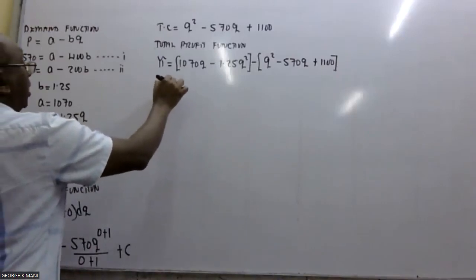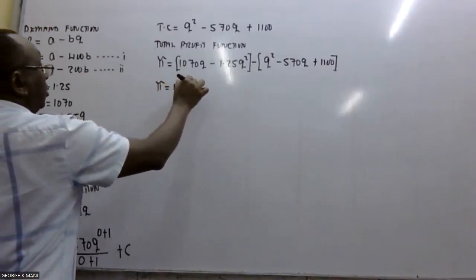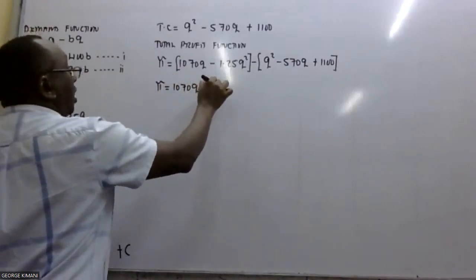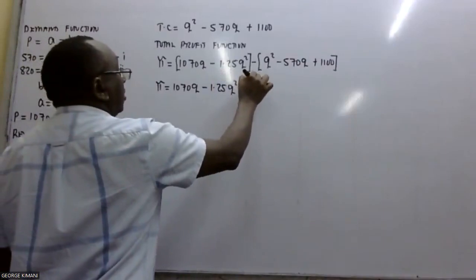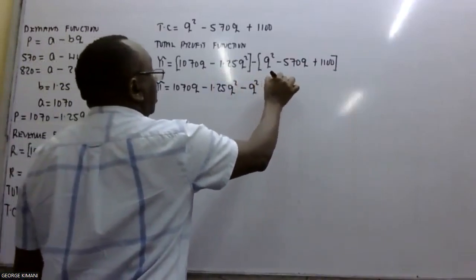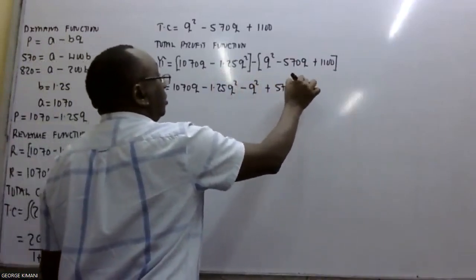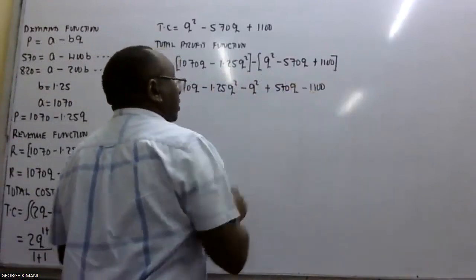So this pi is 1070Q minus 1.25Q squared minus Q squared plus 570Q minus 1100.